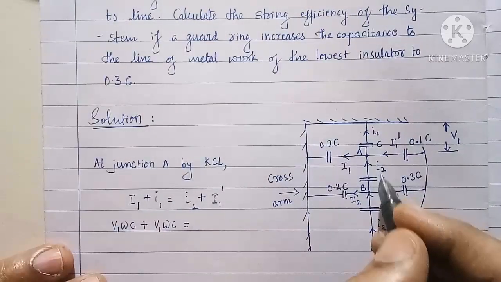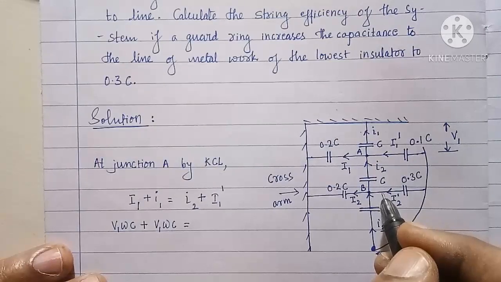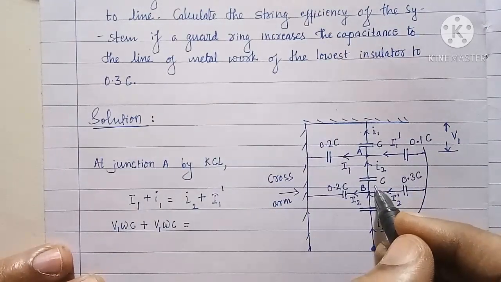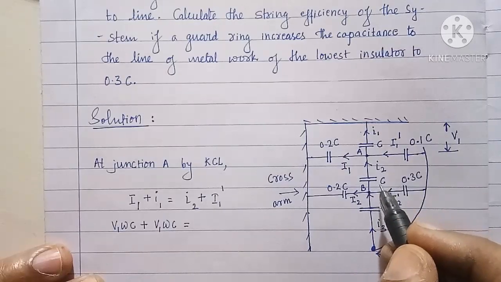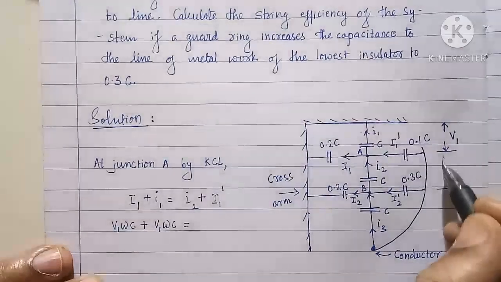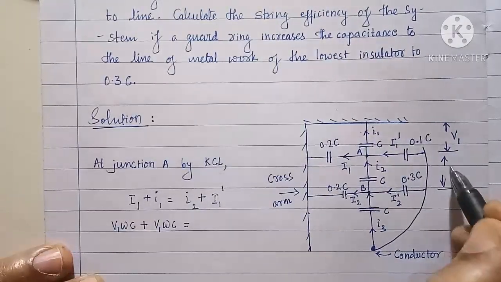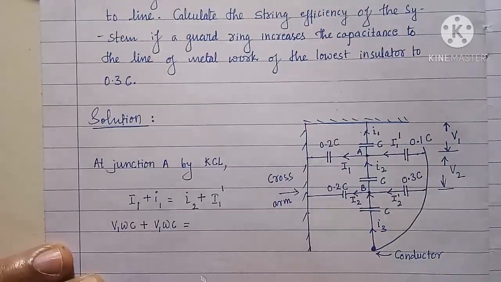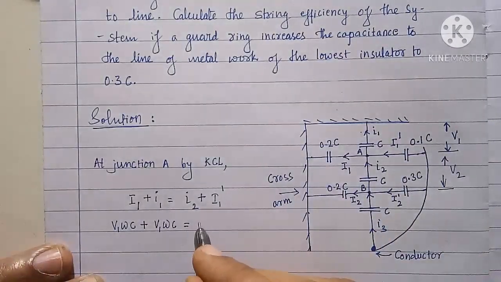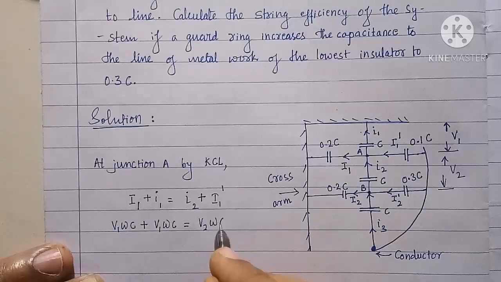I2 is current through second capacitor C from the top, voltage across the second capacitor is V2. So current I2 here is equal to V2 into omega C plus I1 dash.